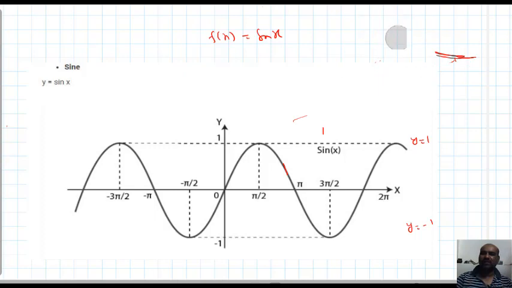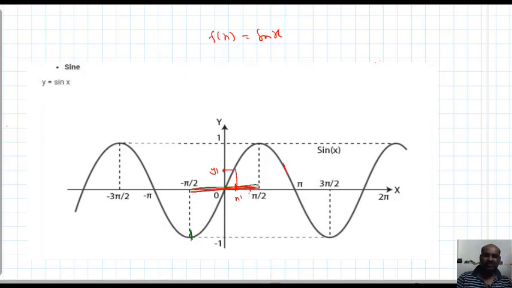Now, I want to find in what interval the sine function is increasing and in what interval the sine function is decreasing. So important. Take the function from minus pi by 2 to pi by 2. Take here an x value, say x1. Your corresponding y value is here, say y1.